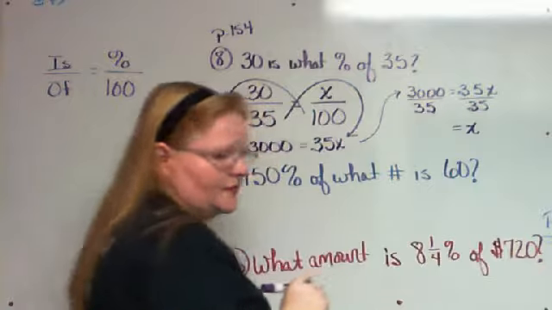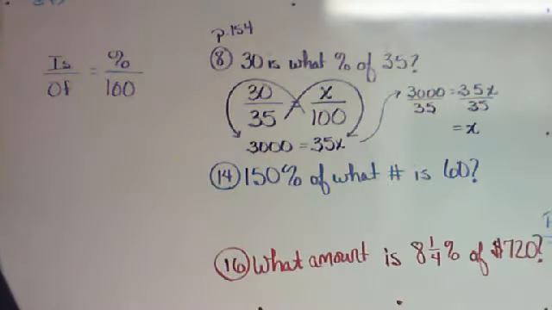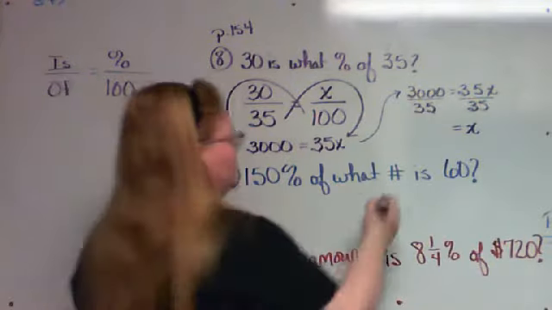And x is equal to some number, which I don't know because I didn't do these problems ahead of time, and I don't have a calculator right in front of me. But I can work on it. 3,000 divided by 35 is 85.71.